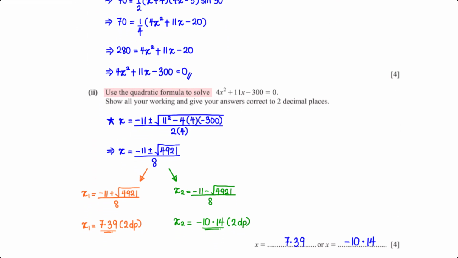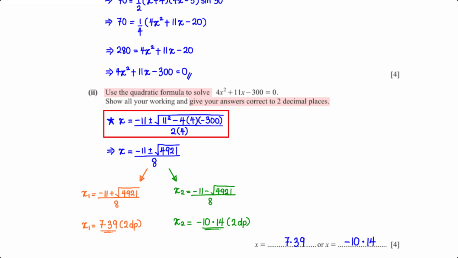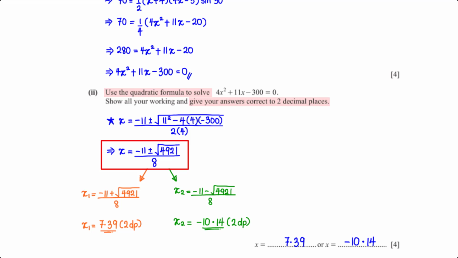Use the quadratic formula to solve 4x squared plus 11x minus 300 equals 0. Show all your working and give your answers correct to 2 decimal places. When we apply the quadratic formula to this equation, this is what we have. The numbers under the square root, 11 squared minus 4 times 4 times -300, gives us 4921.